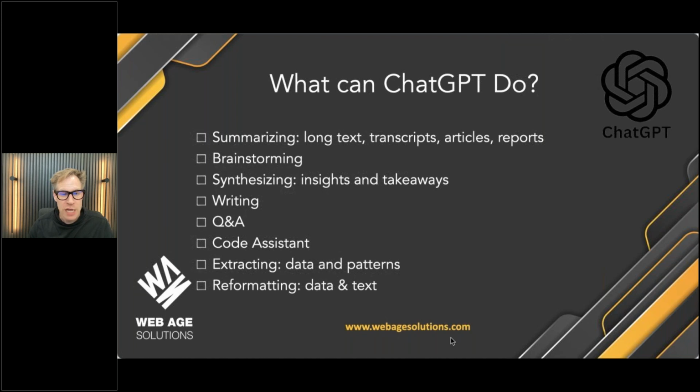One thing to note about ChatGPT is it generally doesn't have access to the internet itself. It just has access to the data it's been fed. So if you need access to the internet, you'll want to still use Google or Bing or something like that. However, there are some other tools coming out on the market, and I know Google and Bing and some other tools have other ways to use ChatGPT to actually access the internet.